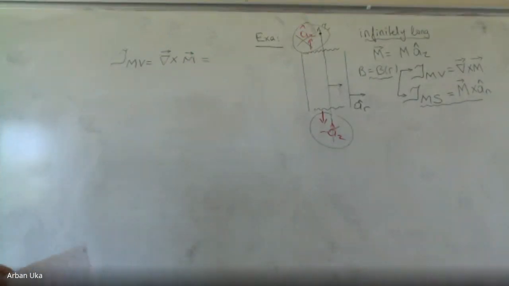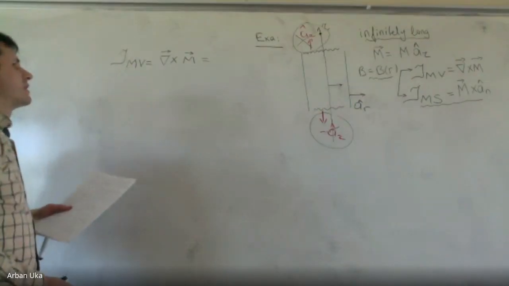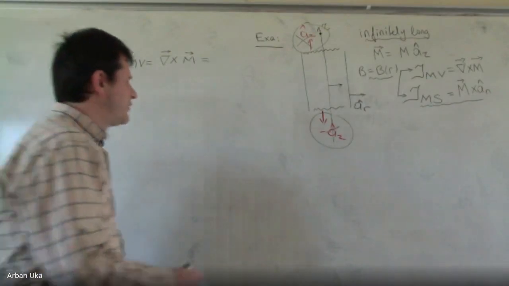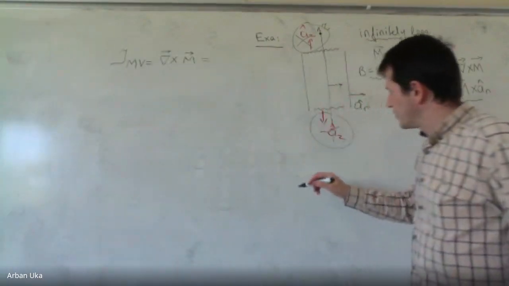In cylindrical coordinate systems, we have to figure out what it is. Can you give an answer right away? It is zero since the magnetization is uniform throughout the whole cylinder. That's correct.